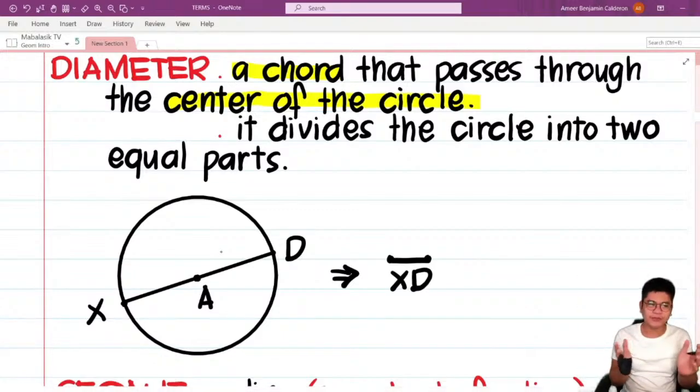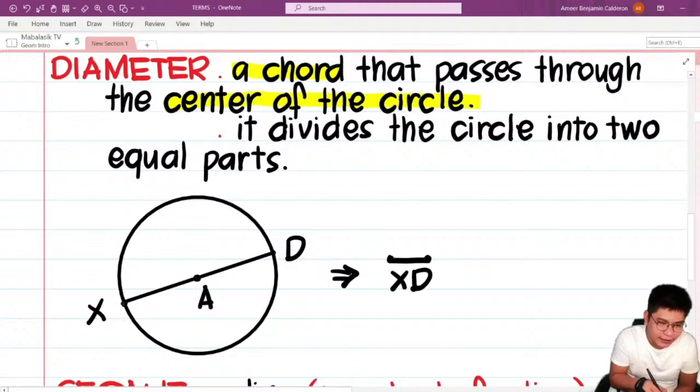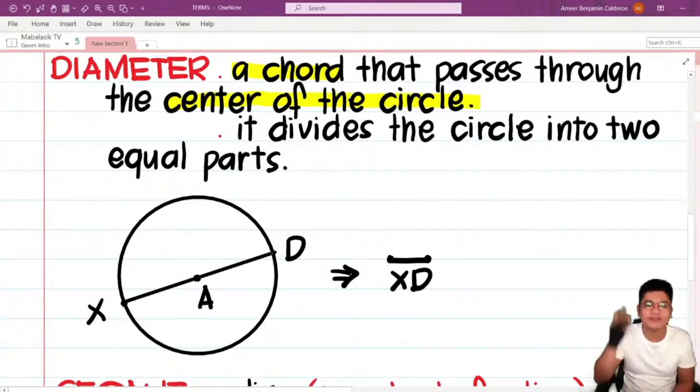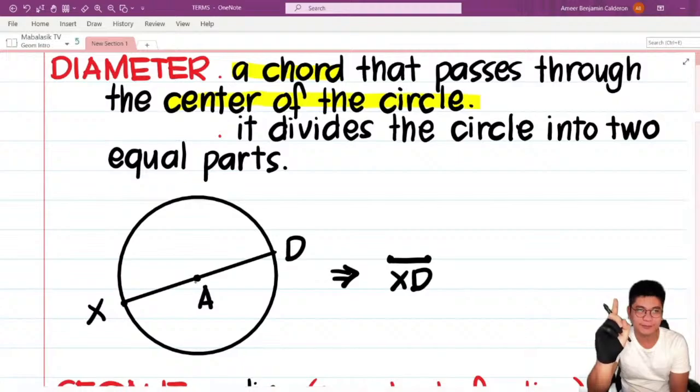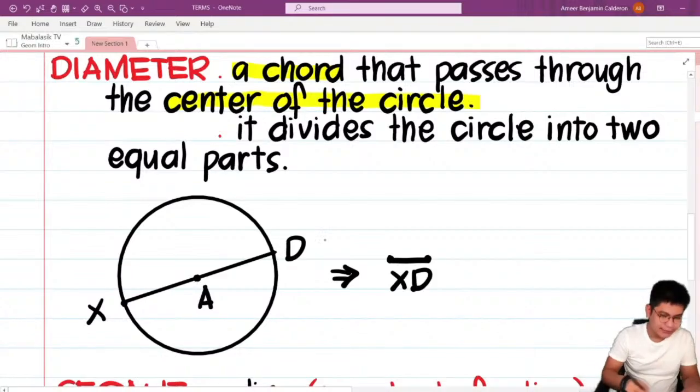So, I want you to observe the diameter, guys. Bukod sa chord siya, kasi yung end points niya, X tsaka D, are points on the circle, dumaan siya sa center. Ano pa yung isa sa mga characteristics ng diameter? The diameter is composed of 2 radii. Okay?